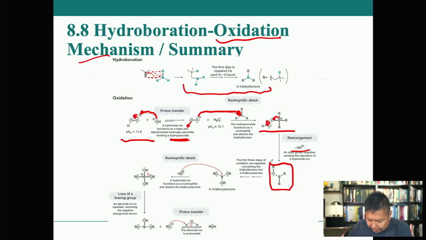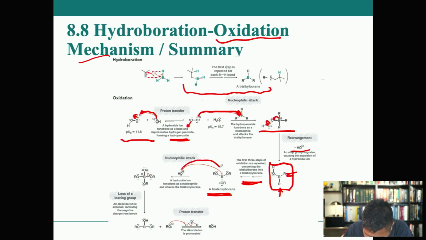So it's no longer a trialkyl borane anymore, because now it has an oxyborane on it. This will happen two more times with this one and this one, giving you the product of the trialkyl oxyborane.